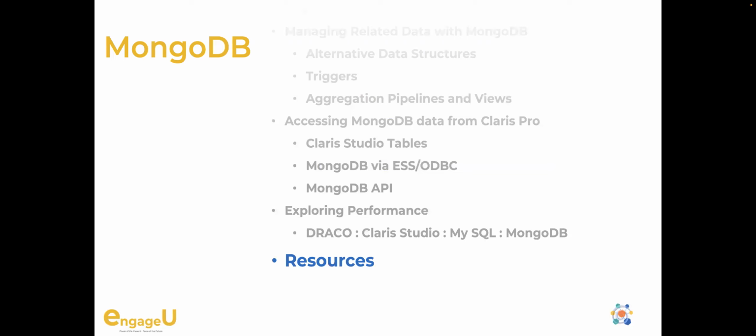Let's look at resources. When I get through this, I'll upload a document that has links in a PDF for all of this. Client-side tools: there's a tool called Compass, which MongoDB provides, which has most of the capabilities that their web portal does for managing your installation and setting up queries and so on.